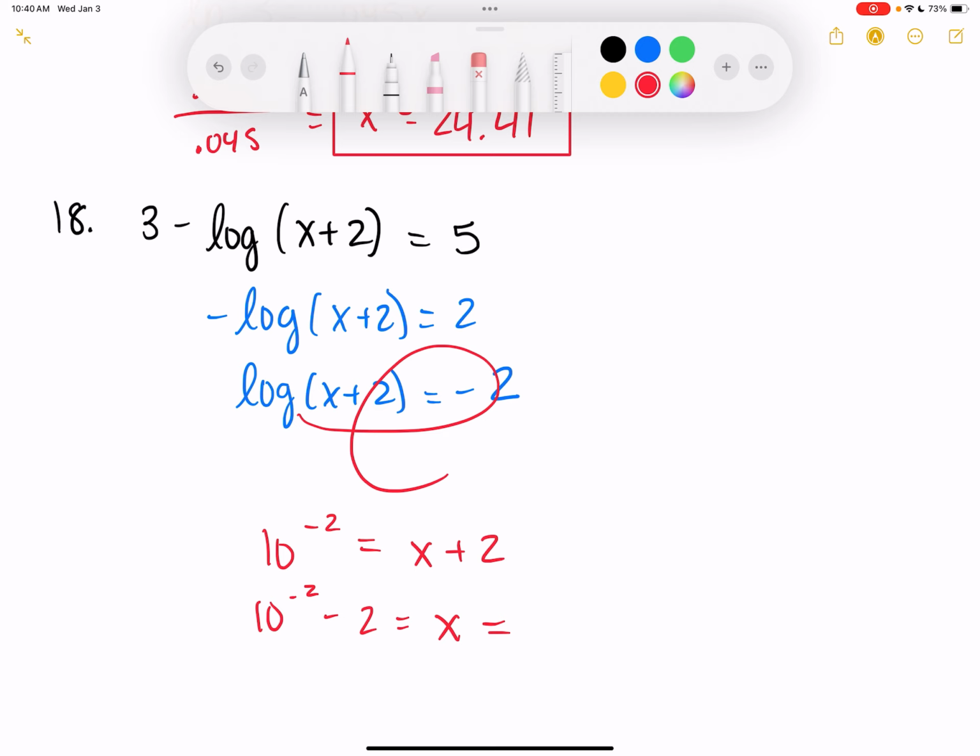You can probably do this one without your calculator. 1 over 100 is 0.01, right? Minus 2 would be negative 1.9. Yep, that's it.